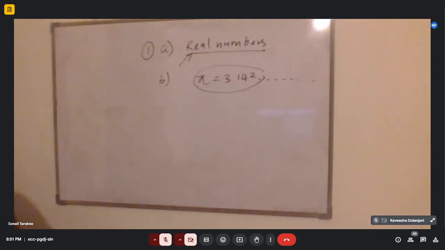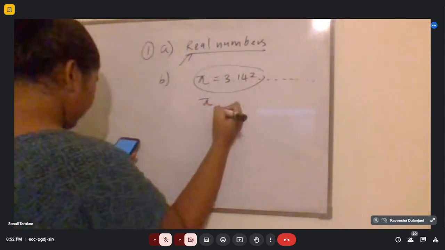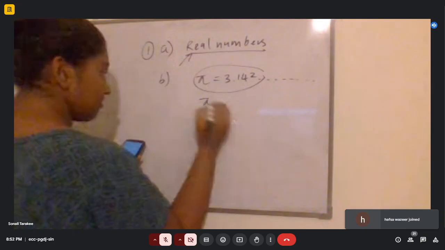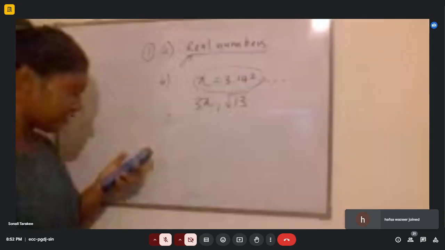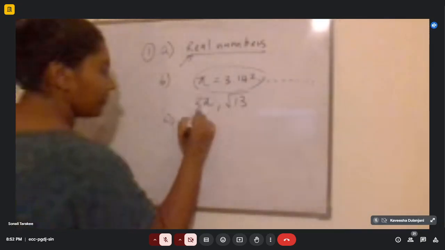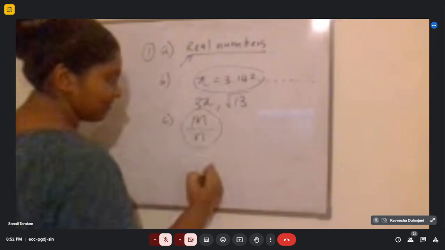So according to this set, the irrational numbers we have are root 5, root 3, and root 13. Next one is a list of rational numbers. Rational numbers means any number you can write in the form of m over n, as in a fraction.